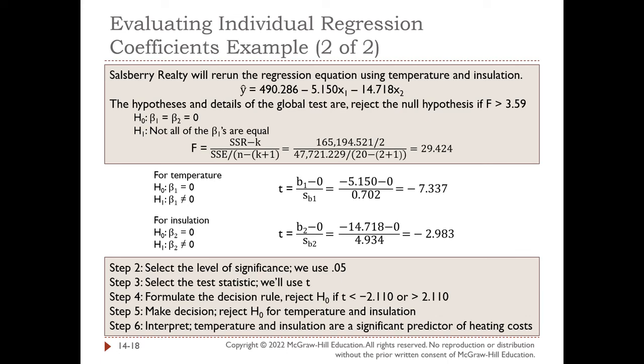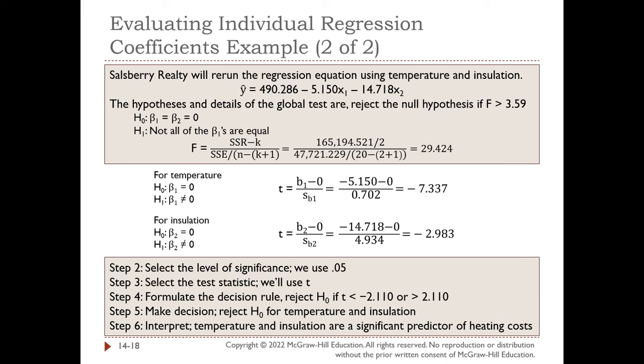They're just summarizing it right here. Okay, and then they find F, which is 29.424, and for temperature, again, we find negative 7.337 and negative 2.83. Okay, we did our calculations.